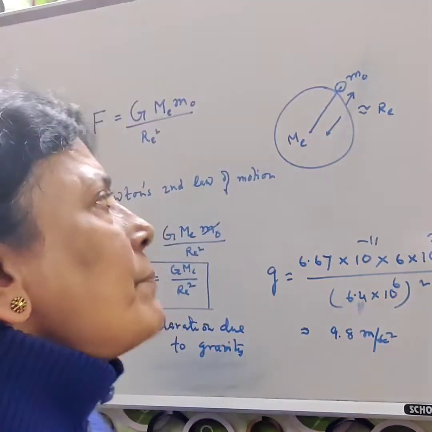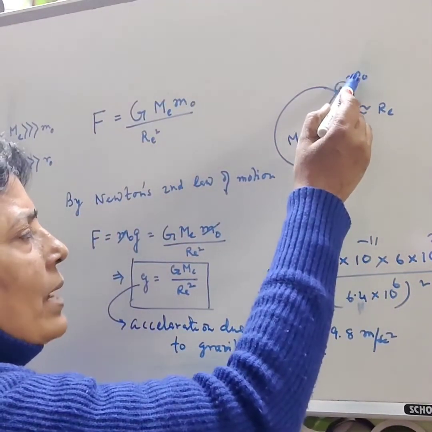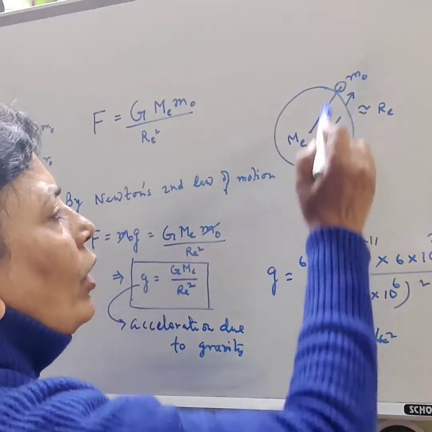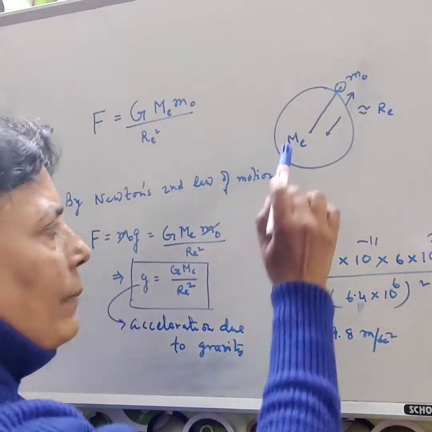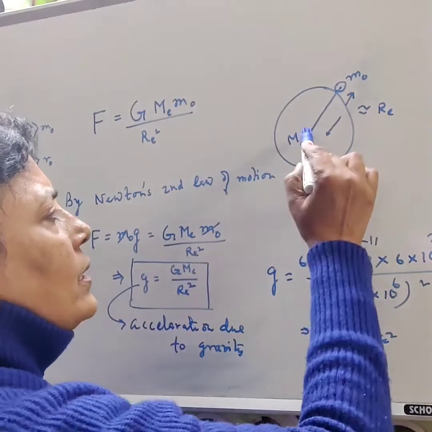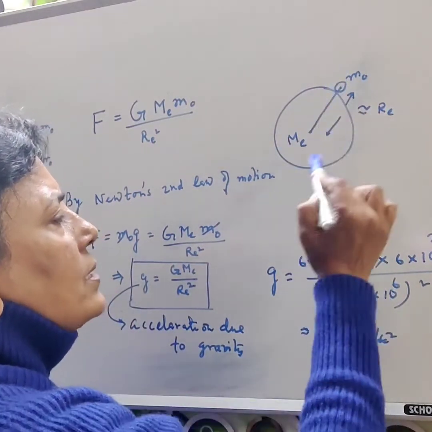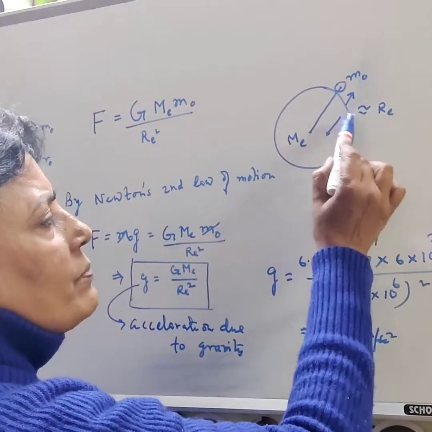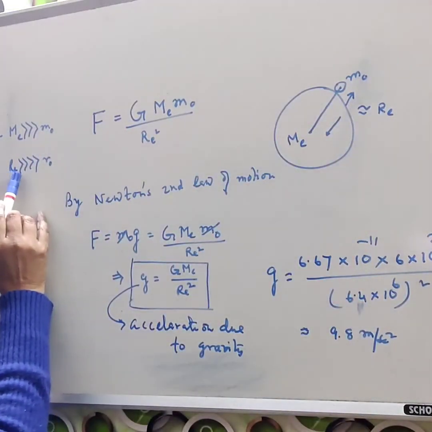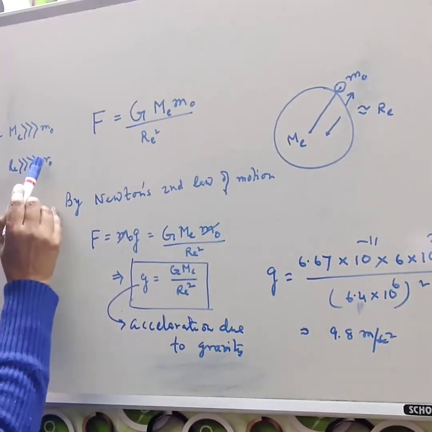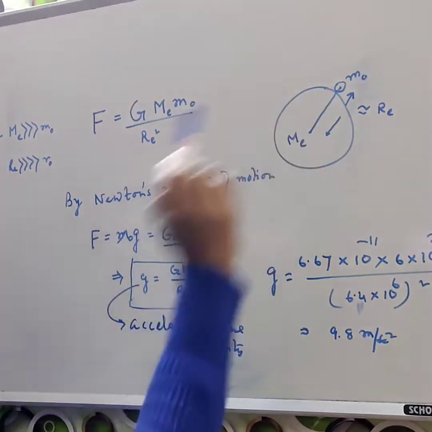Let us take an example of an object of mass M suffix O lying on Earth's surface, of mass capital M suffix E, and the distance between their centers of mass is approximately equal to the radius of Earth, since the radius of Earth is very large with respect to the radius of the object.